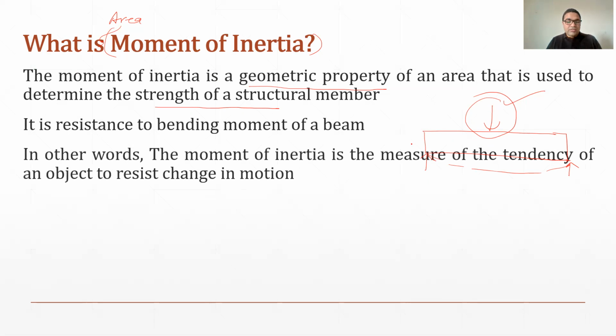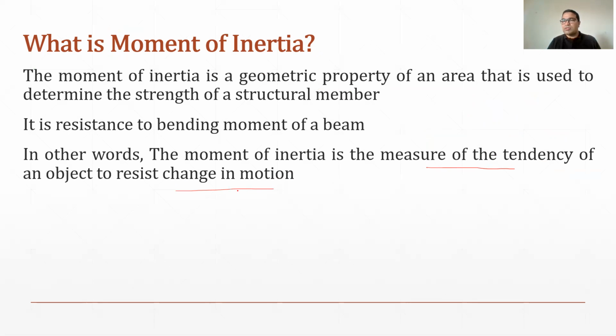Or in other words, we can say that moment of inertia is the measure of the tendency of the object to resist change in motion. Yes, moment of inertia is again related to angular motion also, because if there is a body and if I want to rotate this body about say this axis, say this is y axis, then you can see there will be angular motion of this body when it will be rotating.